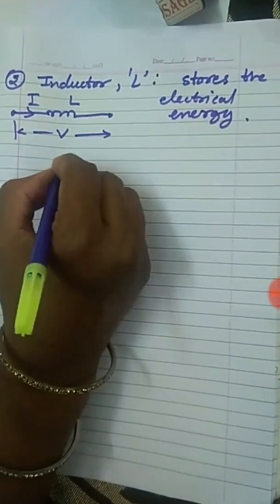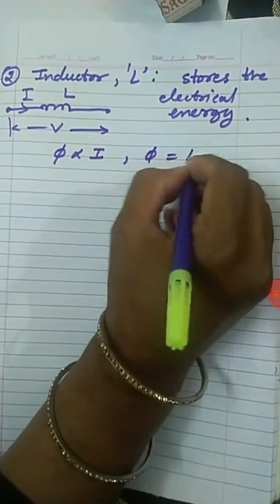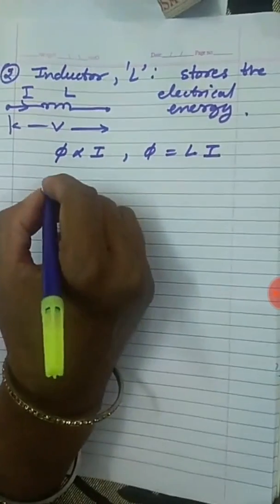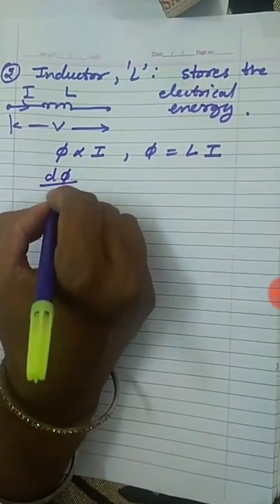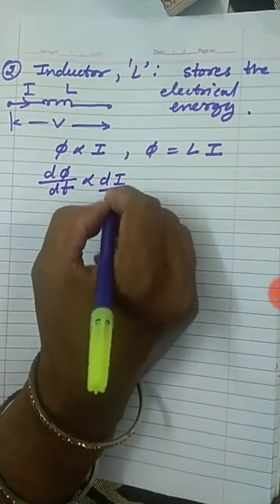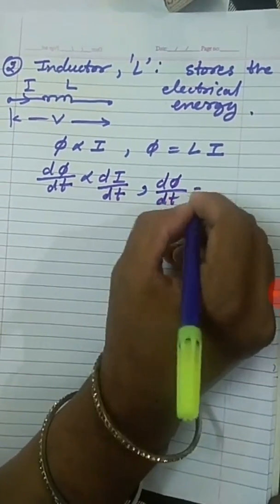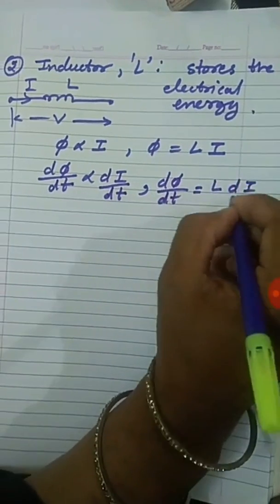We also know that the flux is directly proportional to current, or I can write phi equal to L I. Or we can say the rate of change of flux with respect to time is proportional to rate of change of current with respect to time. So I can write d phi by dt is equal to L di by dt.